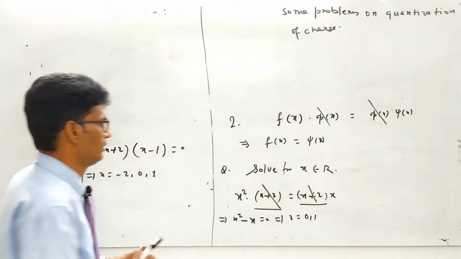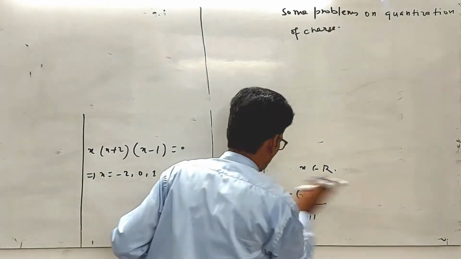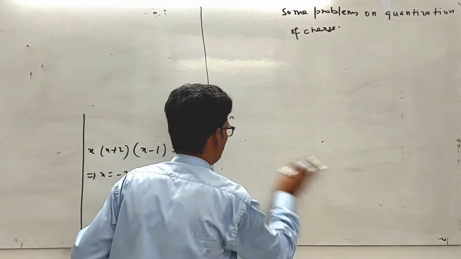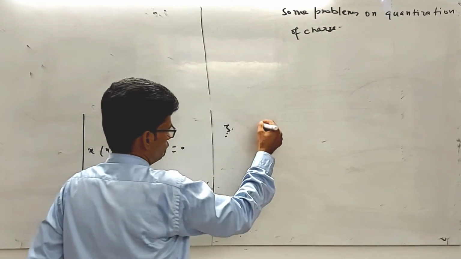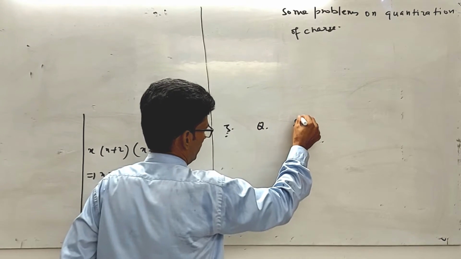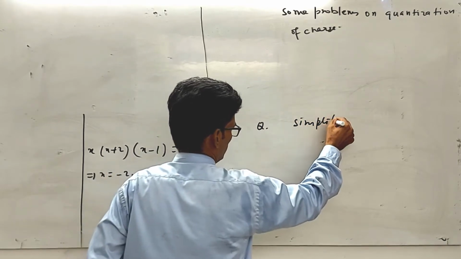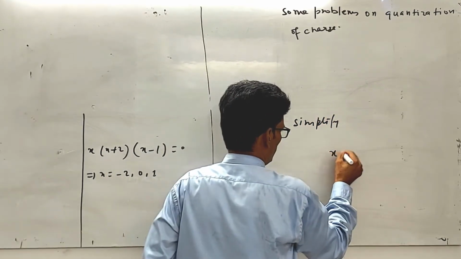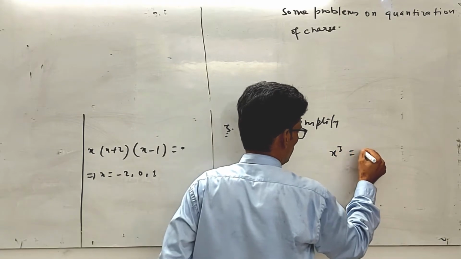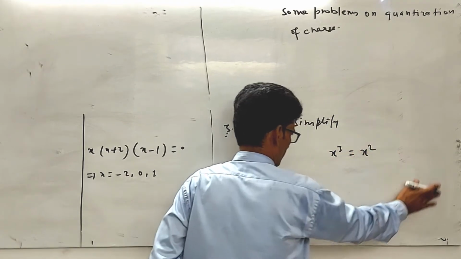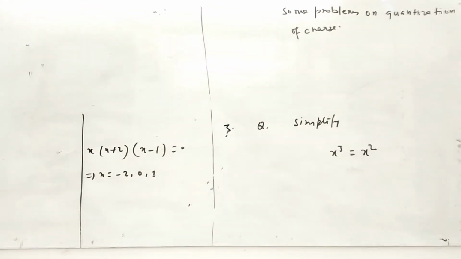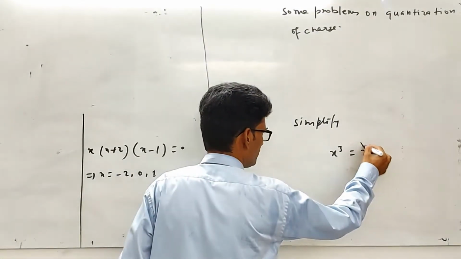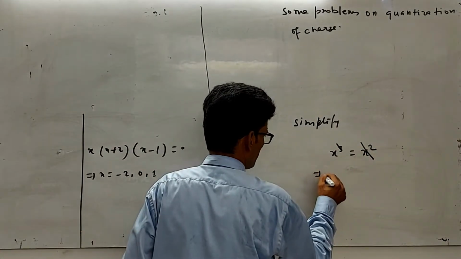Now the next property we are going to move to. The third one is that the question is simplify: x cube is equal to x square. Again, x square is cancelled out here, so this implies x equal to 1.